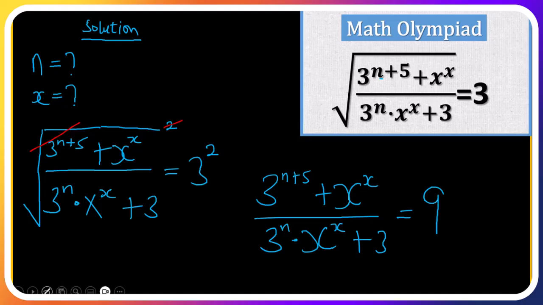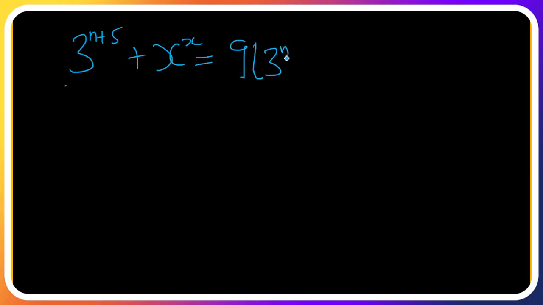So we cross multiply, taking this to the other side of 9. Now we have 3 raised to the power n plus 5 plus x raised to the power x equals 9 multiplying 3 raised to the power n by x raised to the power x plus 3.